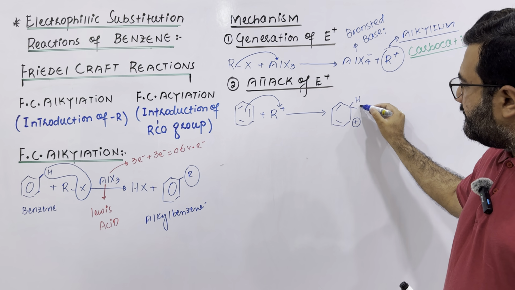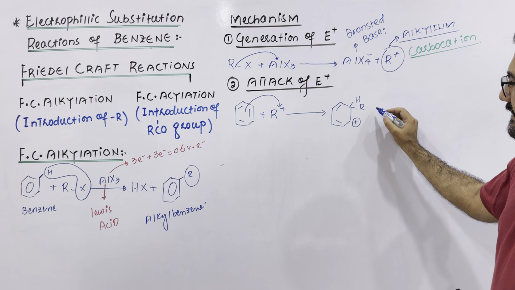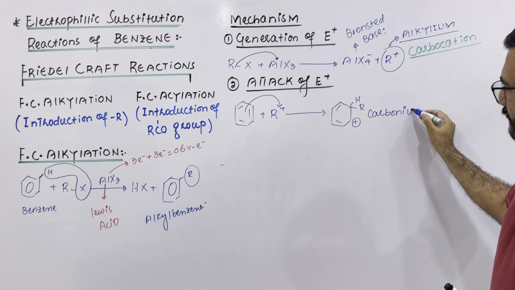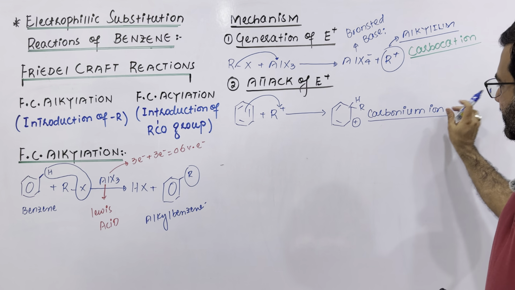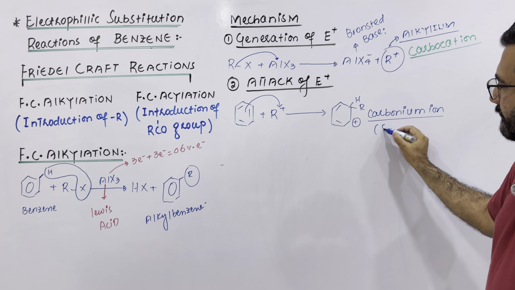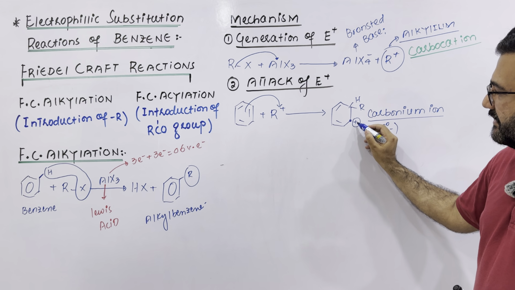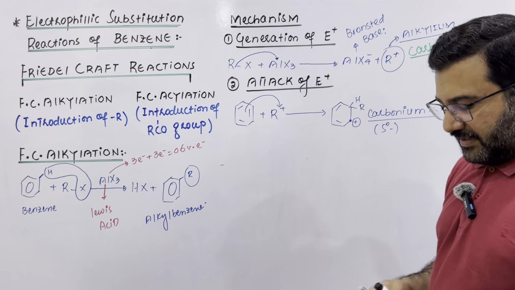This is the hydrogen present at this corner, and the alkyl group is also introduced, and this is again a carbonium ion or carbocation, and this is an example of a secondary carbonium ion, because this carbon, which is positively charged, is attached to two other carbon atoms.